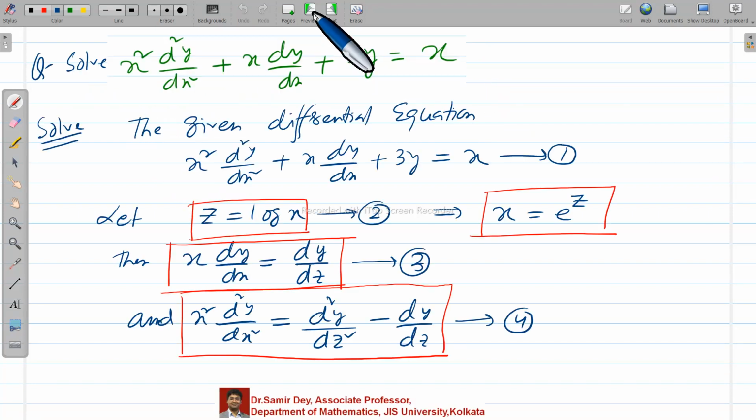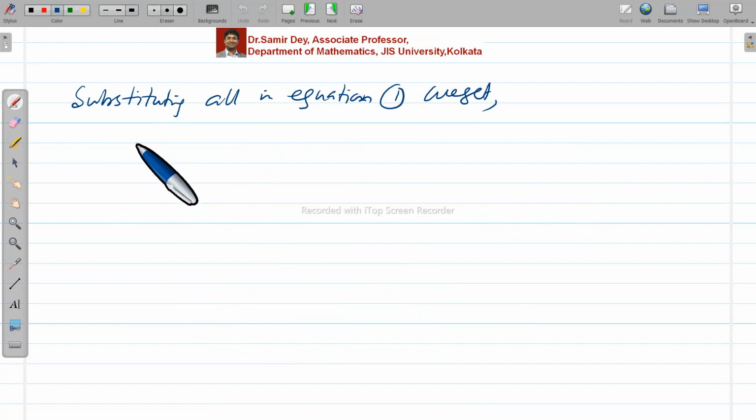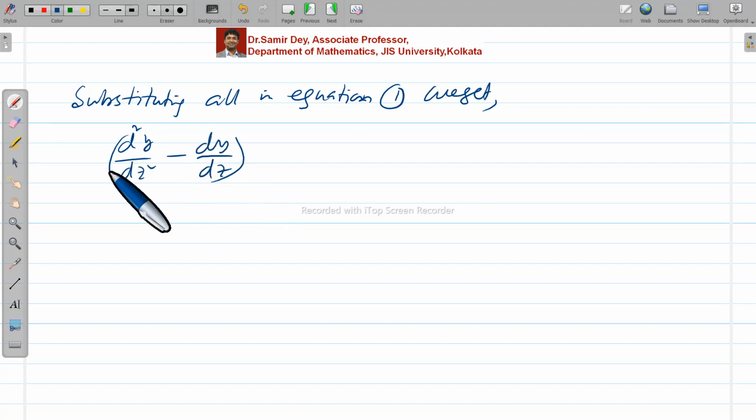Already you know, this is your equation. Now x square d2y by dx square should be replaced by this. You write down, that is d square y by dz square minus dy by dz. You make it box, plus dy by dz.